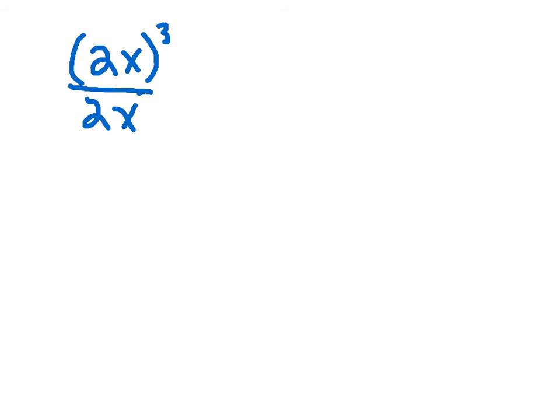And some of the problems on the homework get a little bit more complicated, of course, where you have to first simplify what we've been calling the me first. So if I have 2x to the third power divided by 2x squared, I have to first take care of this exponent, and this is going back to last chapter, hopefully you know this. 2 to the third power is 8.